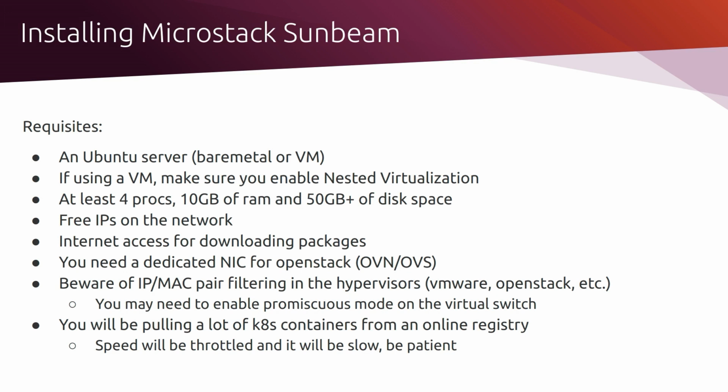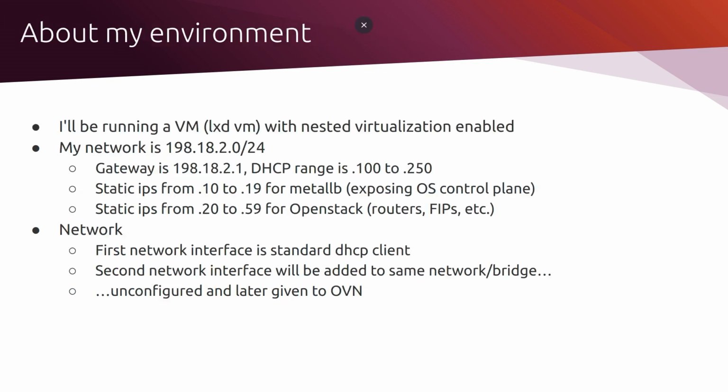It may be blocking anything different from the original MAC address to go into the VM. And you'll be downloading lots of stuff, including many containers from an online registry, and the speed will not be great, so be patient. In my particular environment, I'll be using a VM created by LXD.